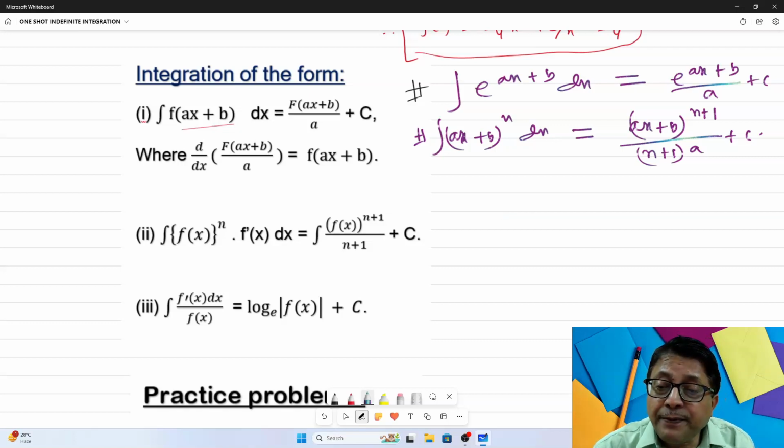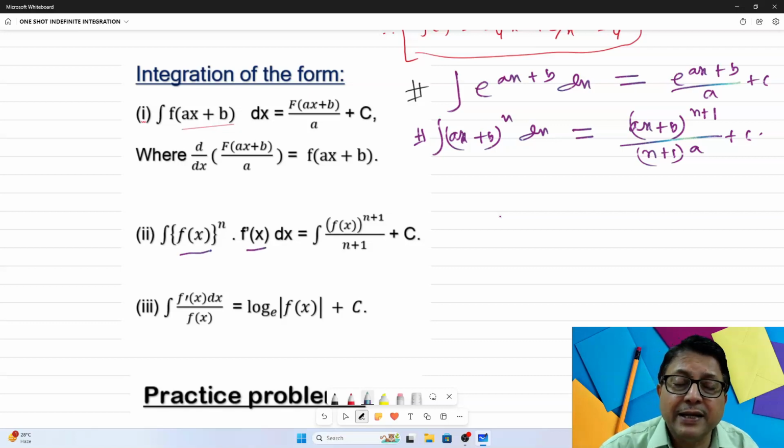Another one, if f(x) to the power n f dash x dx is there, then you can write the result f(x) to the power n plus 1 by n plus 1 directly without any substitution. Let me give you one example from here. Say we have a problem like this, x squared to the power 30 dx, and before that 2x dx is there.